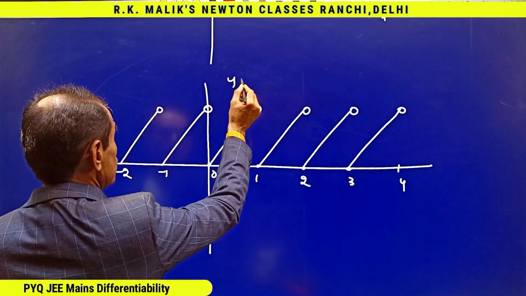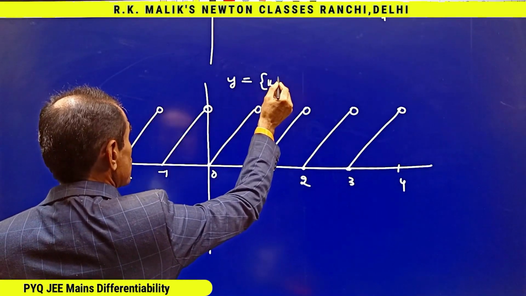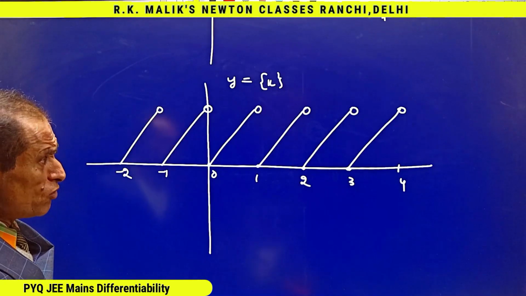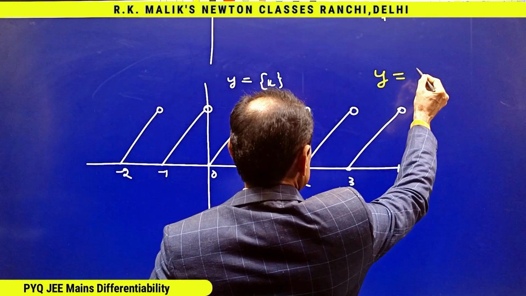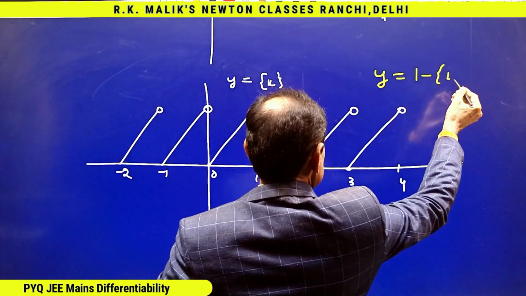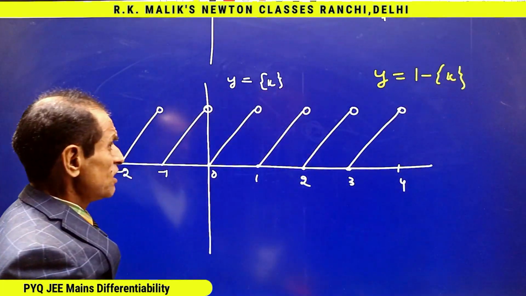This is the graph of y equal to the fractional part of x. Now I will draw the graph of y equal to 1 minus the fractional part of x.